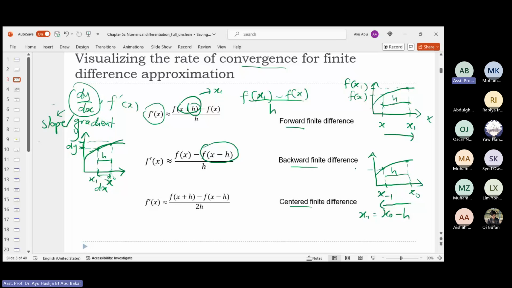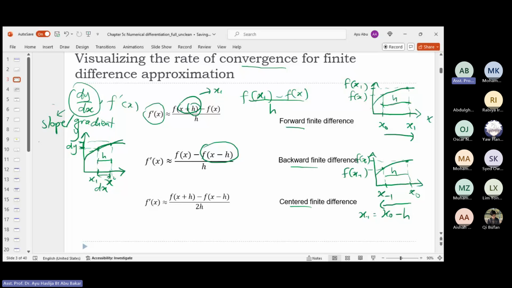So this is your f(x negative 1), this is your f(x naught). That's why this equation comes in: the slope of those two points, f(x) minus f(x negative 1) over the h.